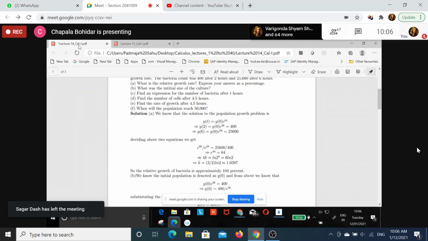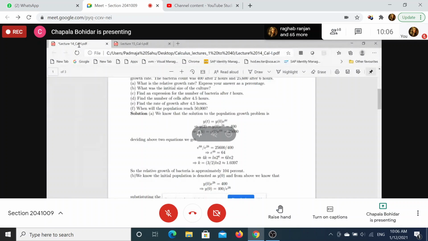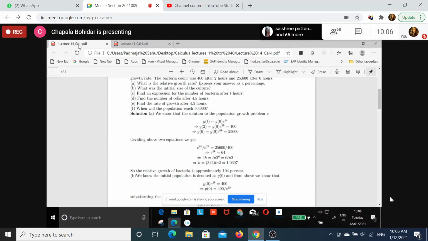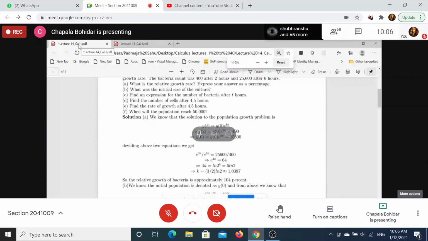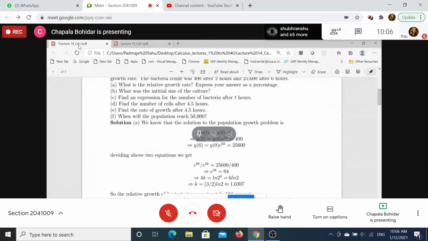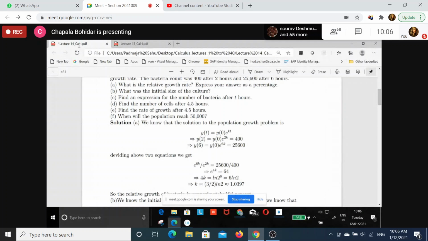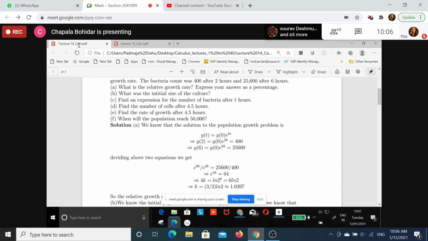Here we get the value of k, we get the value of y0, then we write down y(t) is equal to y0 e to the power kt.